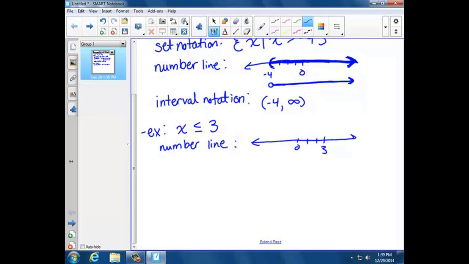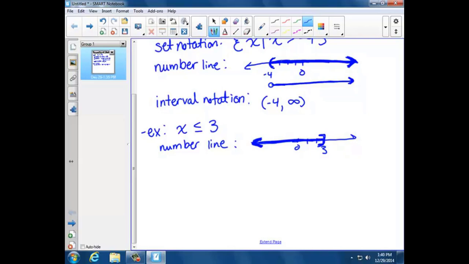So less than or equal to 3. Here I want to include 3, and I'm going to go smaller, so I'm going to be going to the left. So I'm shading all of this to the left. But if I want to include 3, I use a bracket.